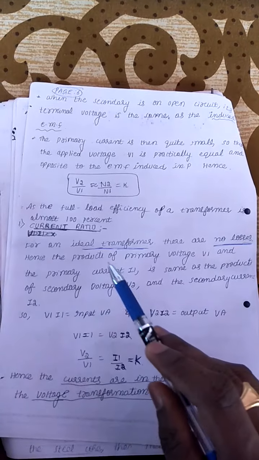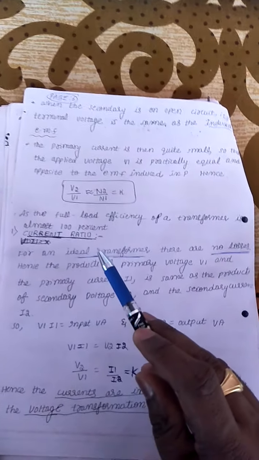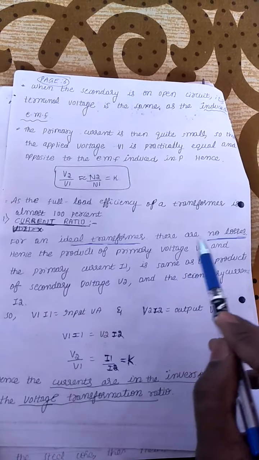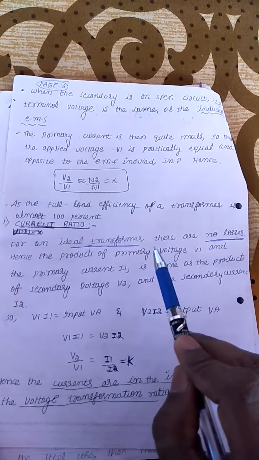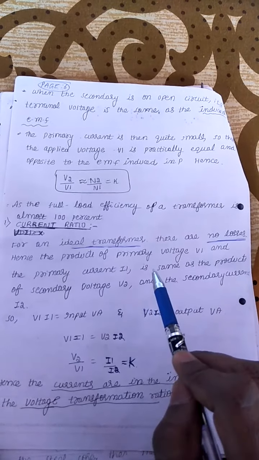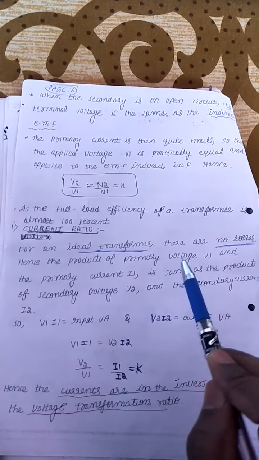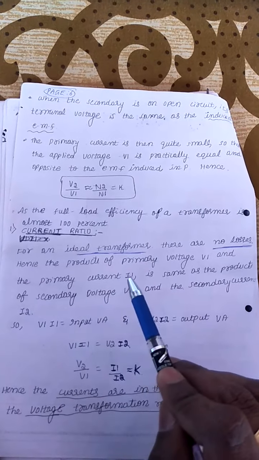Then what is my current ratio? To find the current ratio, you consider your transformer as an ideal transformer with no losses. If there are no losses, then the product of voltage and current on the primary side is the same as the product on the secondary side, V2 with I2. The primary voltage is V1 and the primary current is I1.